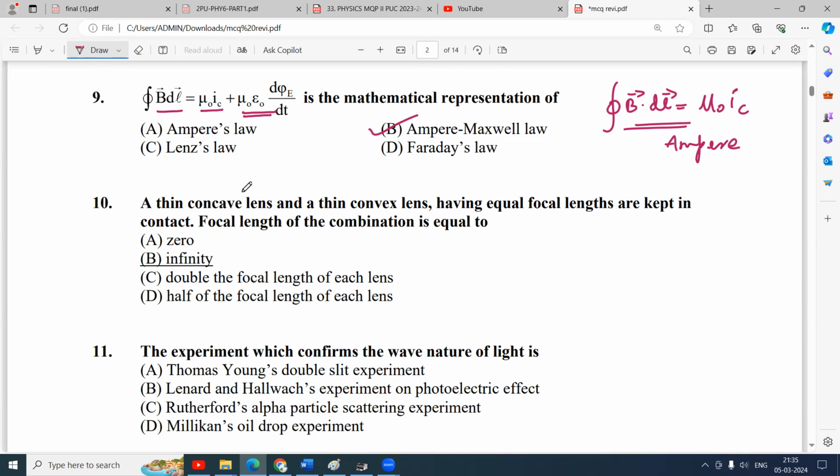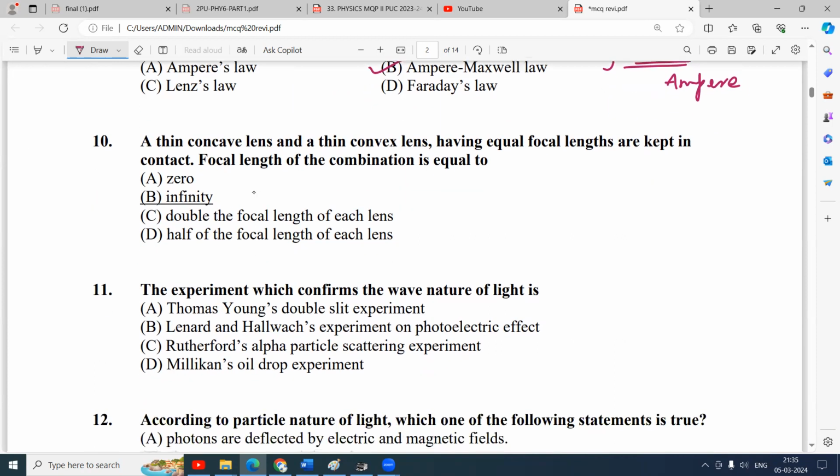A thin concave lens and a thin convex lens having equal focal lengths, okay, equal focal length. So focal length of the concave lens is minus f, convex lens is plus f. You know that a convex lens in air is usually a converging lens. They are kept in contact. Focal length of the combination is, so 1 by f1 plus 1 by f2 is equal to 1 by f.